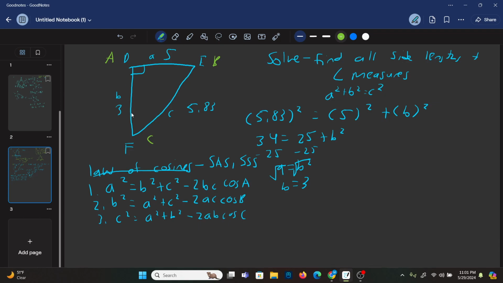Well, you can't really make it the wrong order, so it's fine. So you have A, B, C, and again, side little a is across from angle A, side little b is across from angle B, and side little c is across from angle C.